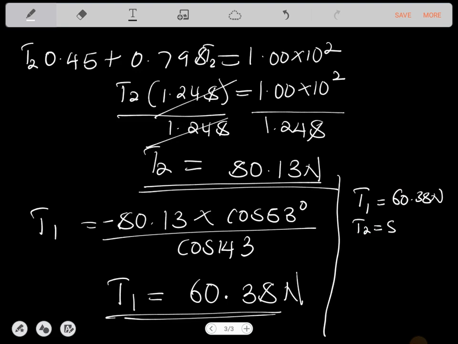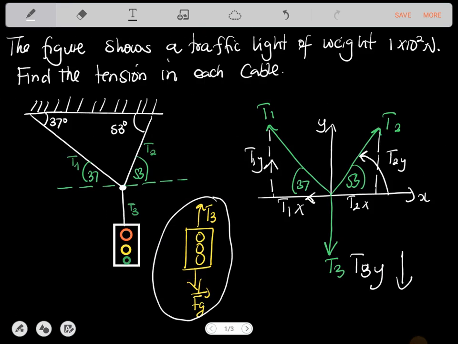T2 is 80.13 newtons. And T3, which is just equal to the weight but in opposite direction, is negative 1.0 times 10 to the power 2 newtons. And there you are. So these are just applications of Newton's laws of motion. And that means you need to have some knowledge of vector resolution. See you.